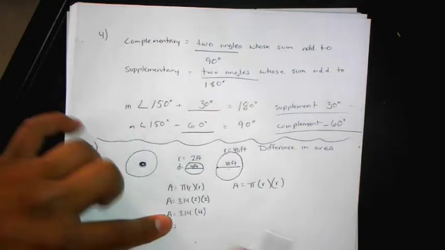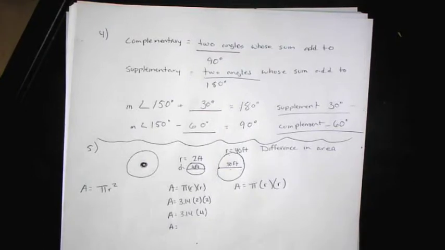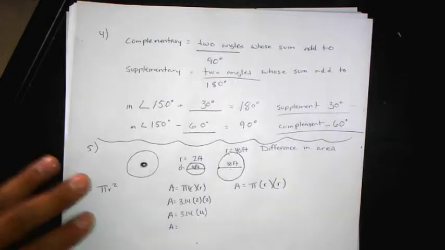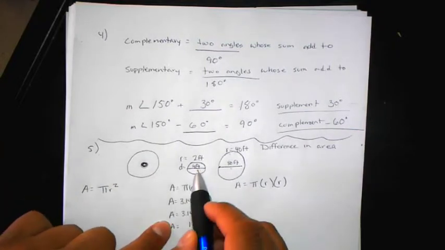What is the result of that? It would be 12.56. So that is the area of this circle.